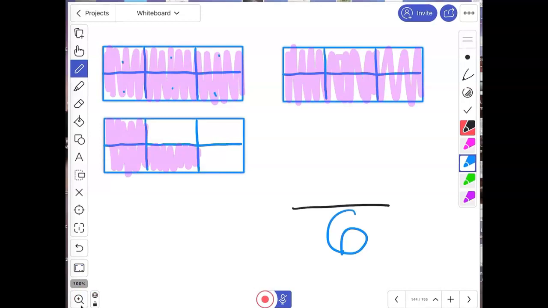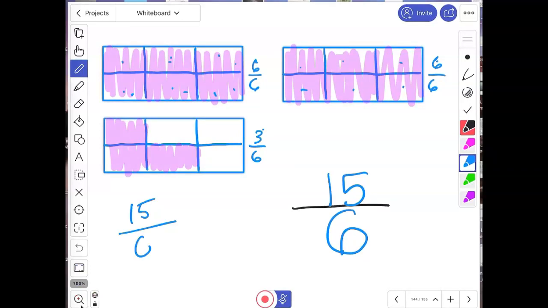We ate the shaded ones. 1, 2, 3, 4, 5, 6. 1, 2, 3. We ate 6 plus 6 is 12. Plus 3 is 15. We ate 15 sixths. 15 sixths looks upside down. Numerator is greater than the denominator, so it's greater than 1.